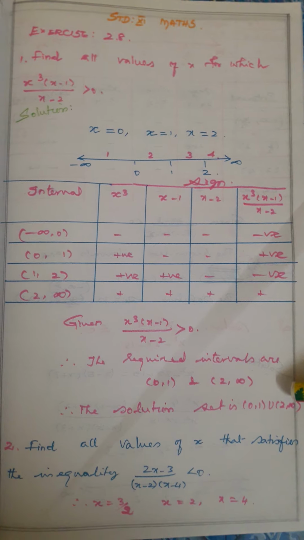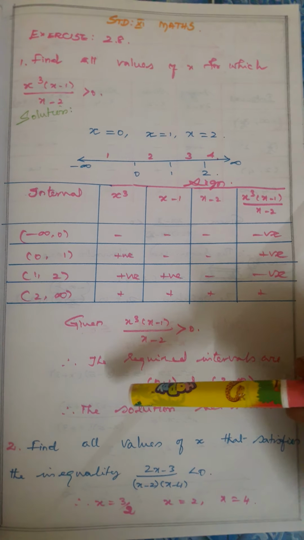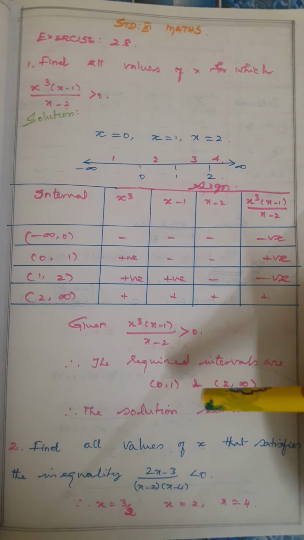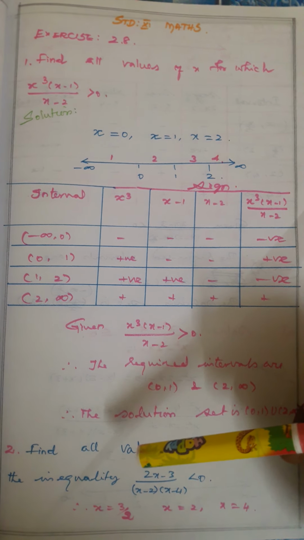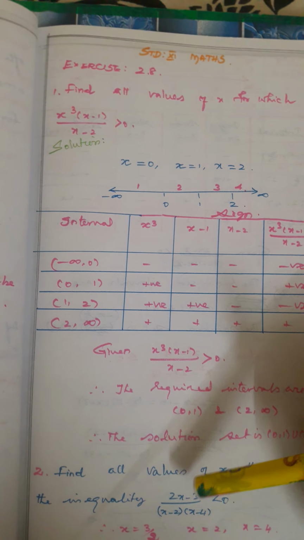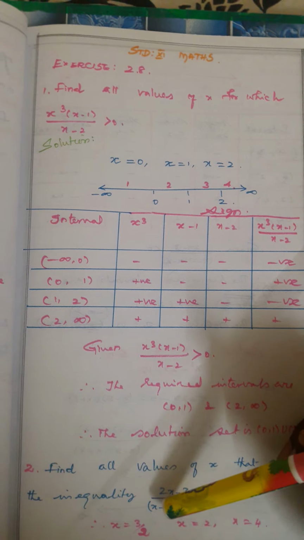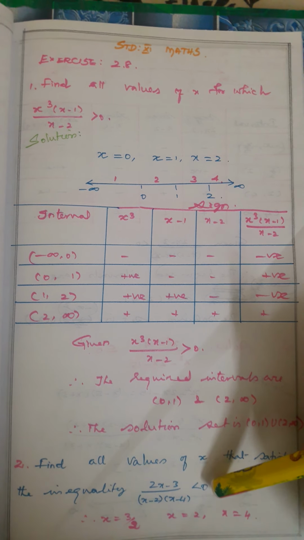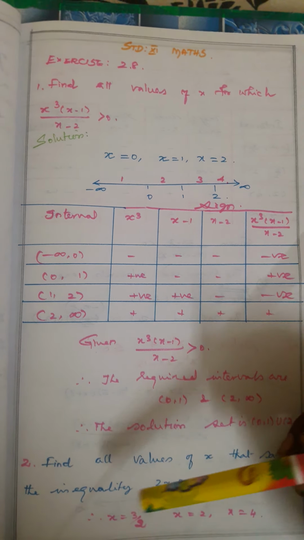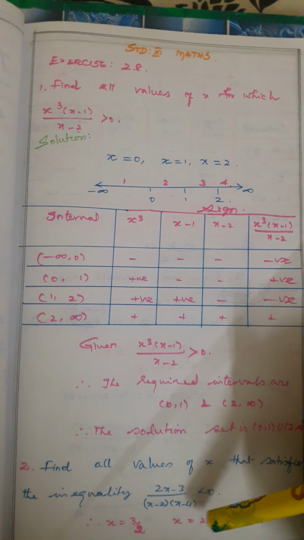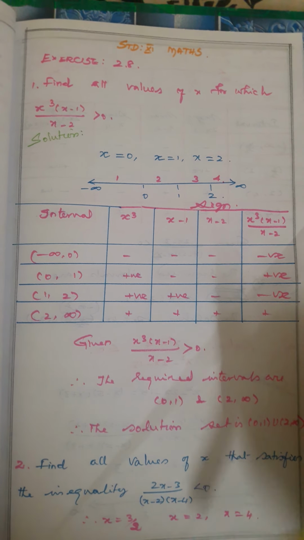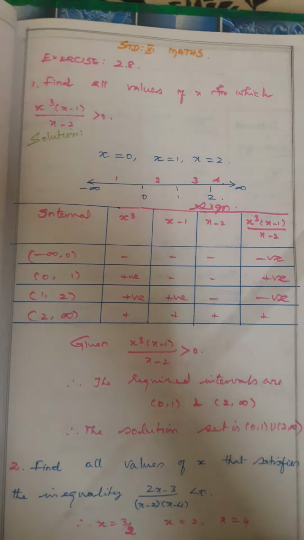It's a 5-mark question. Like that, your second question, find all values of x that satisfy the inequality (2x minus 3) by (x minus 2) into (x minus 4) is less than 0. So your x can take values 3 by 2, 2 and 4 for finding the solution.